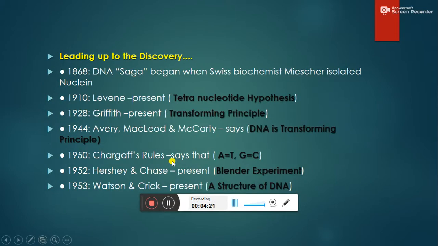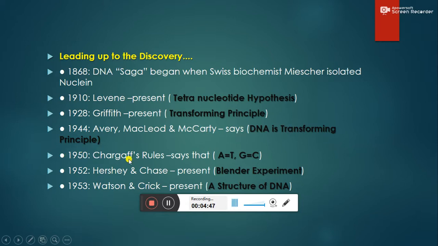Leading up to the discovery, in 1868, DNA became known through the chemist Miescher, who isolated nuclein, and in 1910, Levene presented the tetranucleotide hypothesis. In 1928, Griffith presented the transforming principle, and in 1944, Avery, MacLeod and McCarty showed DNA as the transforming principle.